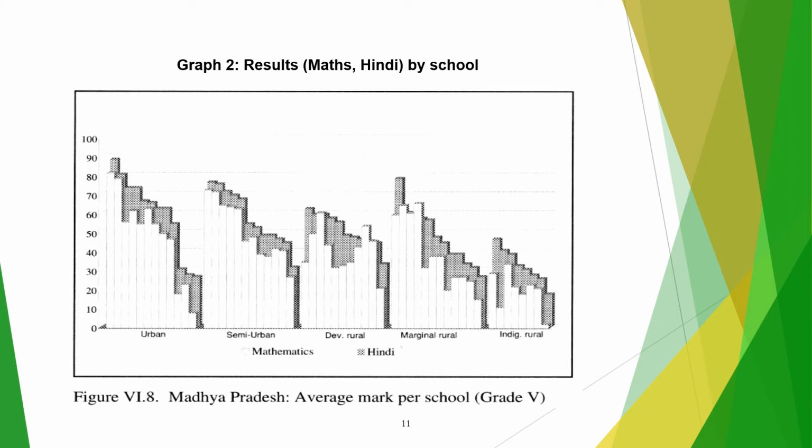That's the first school that you see the most to the left. But within the same zone, some schools are doing weak, and so on. And now again, my question to you is, what conclusion can you draw? Imagine that you are the principal of a school in the marginal rural area where your results are really quite weak.